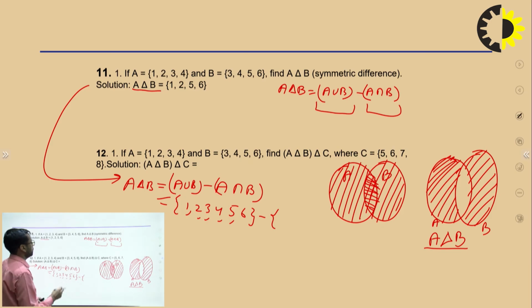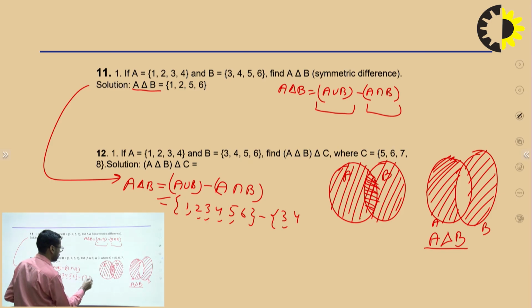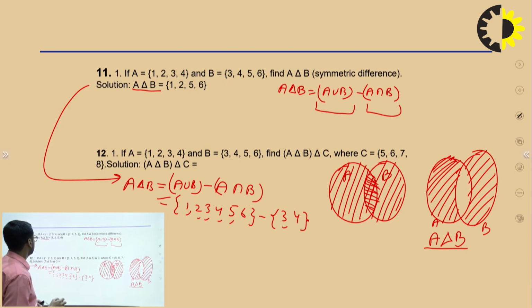A intersection B means the common portions. What are the common portions? 3 and 4. So we will evaluate 1, 2, 5, 6. So from the given question 11, the resultant value will be 1, 2, 5, 6.